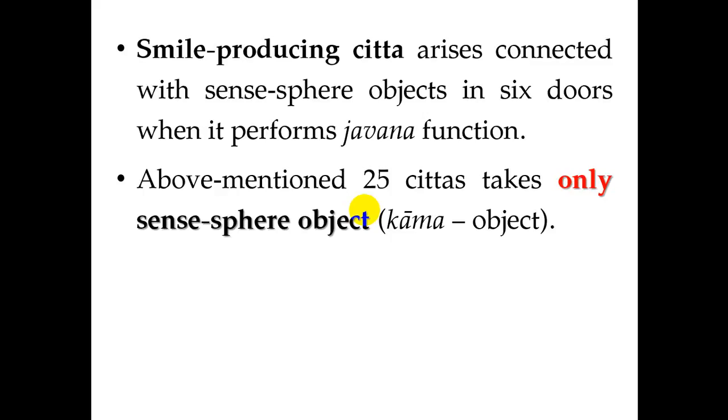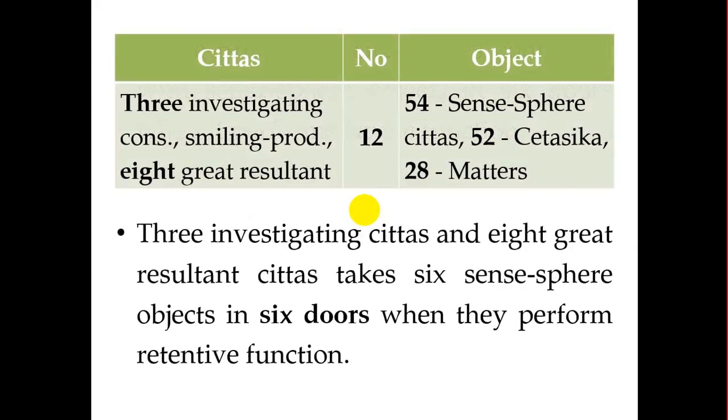These five sets of twofold consciousness are altogether 10. Also the triple mind element, and we have 12 chetas: 3 investigating consciousness, mind door adverting consciousness, and 8 great resultants.